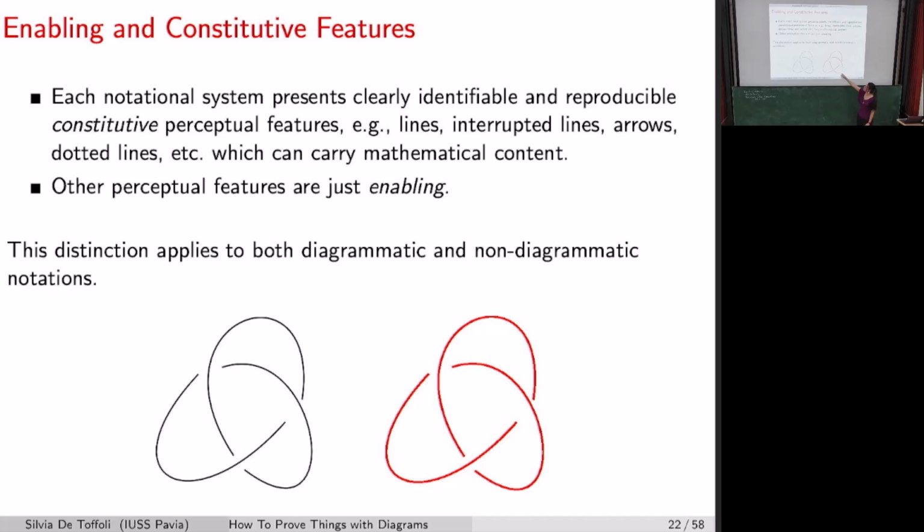But with a regular knot diagram, that's not a mathematically significant property, although it's cognitively relevant. If I drew this in light yellow, especially the one in the back, you can't even see it, so you would not access the representation. So it would be cognitively very important, because you can't see it. Or the size: if I make it super small, you can't see it. But it's not something that carries mathematical information. So it's really crucial to distinguish between these enabling and constitutive features.